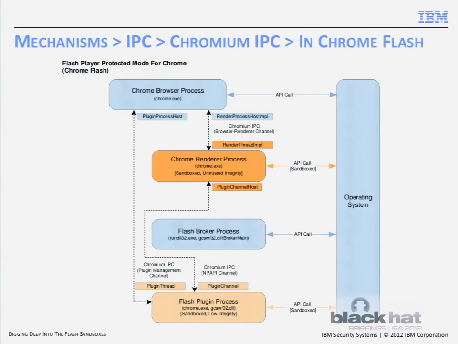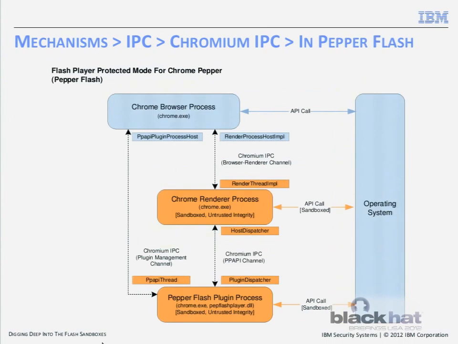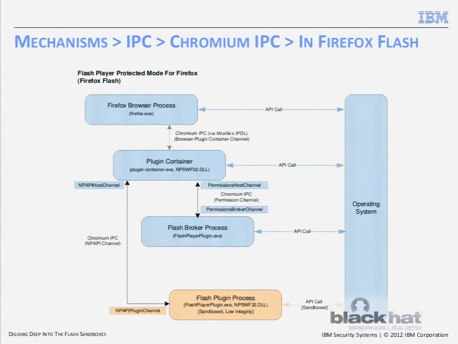To visualize, the Chrome browser process, the renderer process, and the Flash plugin process are all interconnected via Chromium IPC connections. In Pepper Flash, it is the same. In Firefox Flash, the plugin container communicates with the Firefox browser process, the Flash broker process, and the Flash plugin process via Chromium IPC connections.